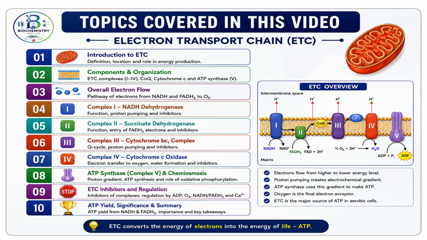We also explain ATP synthase, complex 5, and chemiosmosis, showing how the proton gradient drives ATP synthesis. Finally, we discuss ETC inhibitors and regulation, including the effects of ADP, oxygen, NADH, FADH₂, and Ca2+. The video concludes with ATP yield, the significance of ETC, and key takeaways for understanding cellular energy production.